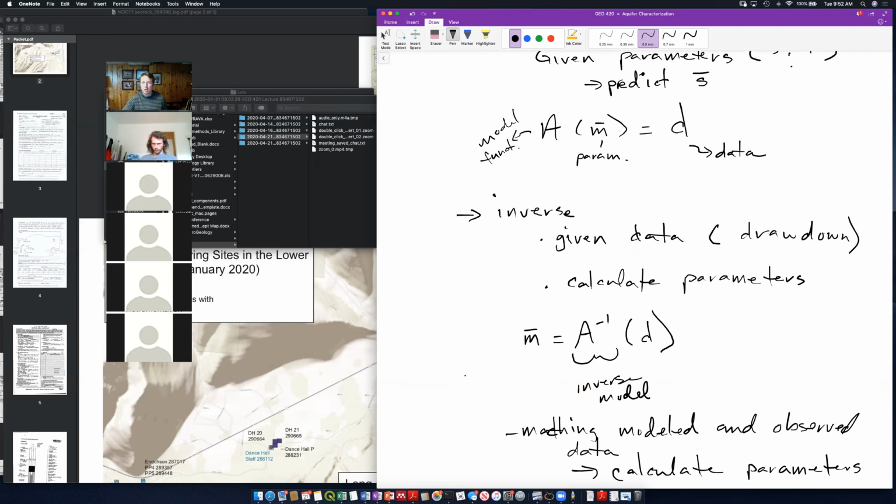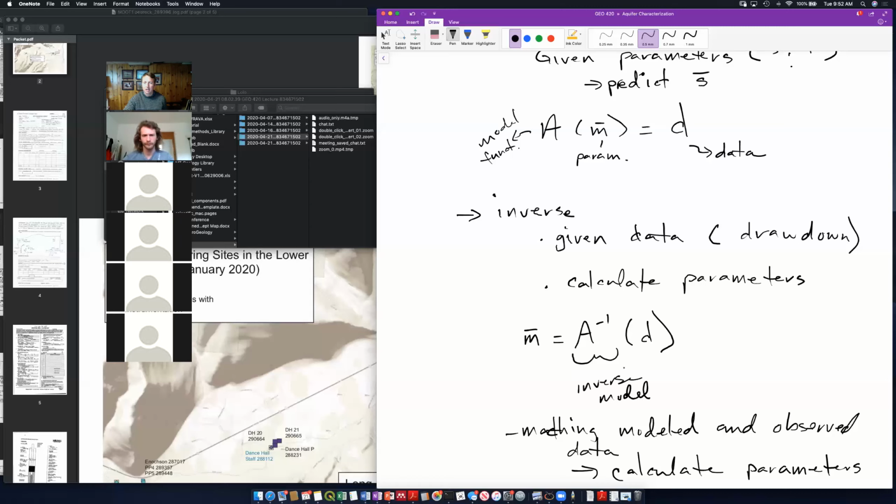And this problem, this inverse problem, is super common throughout sciences, all right? And it is not as straightforward as you might think to calculate this A inverse, all right? And there's, in fact, whole fields of study on how you might actually calculate this.